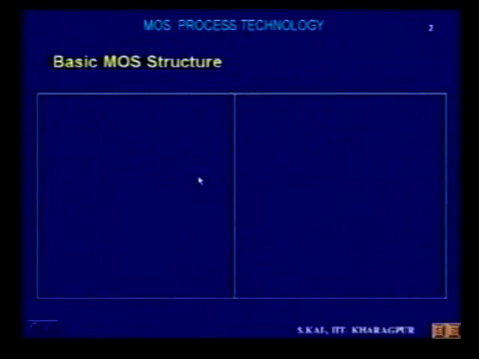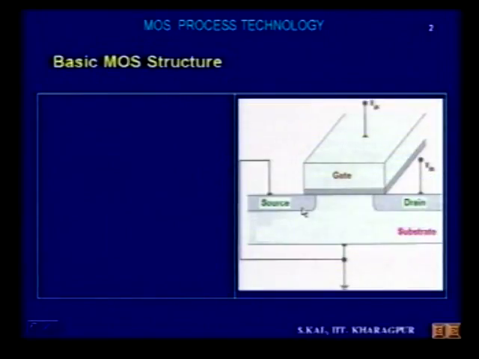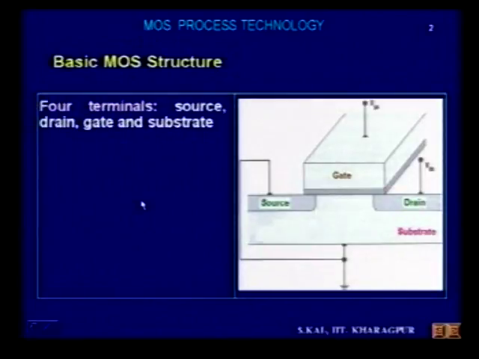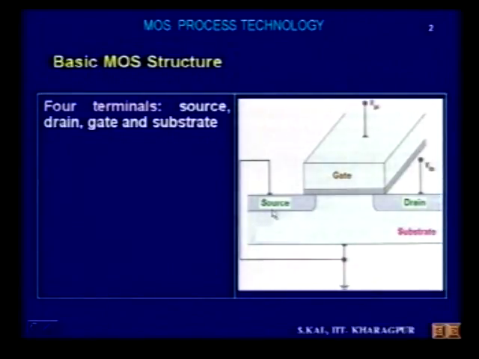So the first slide you can see here is the basic MOS structure, and here you can see it has 4 terminals. One is the source, another is the drain, third one is the gate, and fourth one is the substrate.